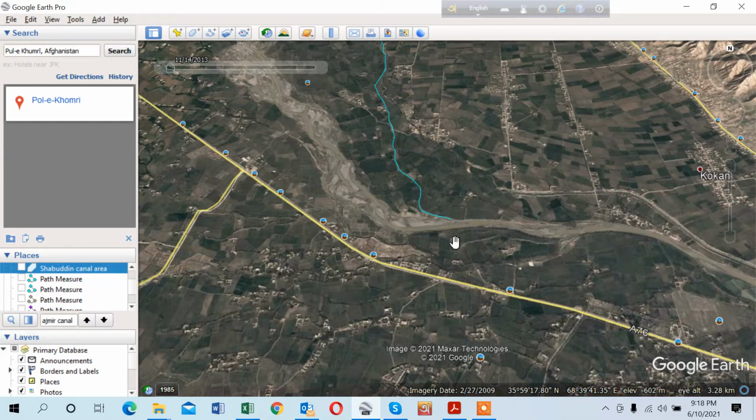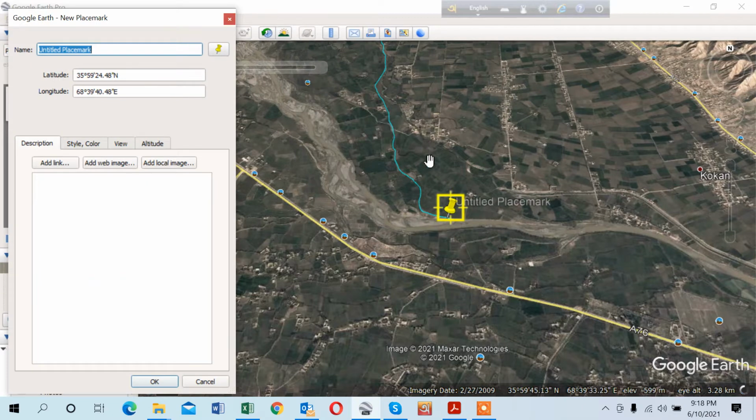So this is the location of the Shahabuddin Canal. This is the location of the Shahabuddin Canal intake.